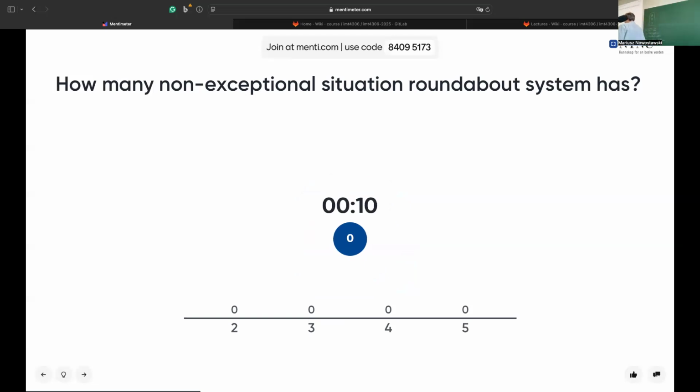So you're approaching a roundabout, and how many states do you need? You're basically approaching a roundabout.